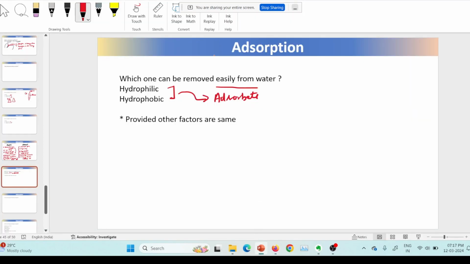So we are talking about this question: which one can be removed easily from water?